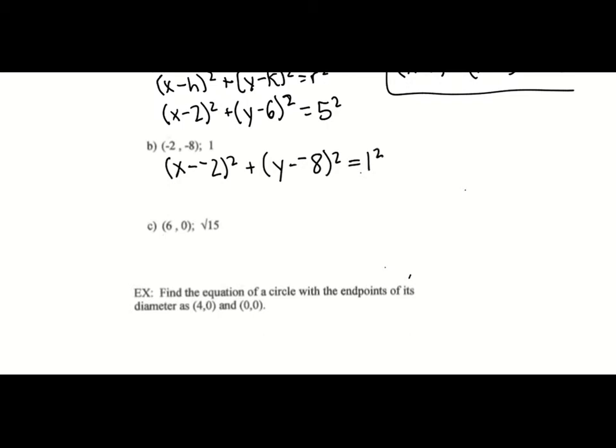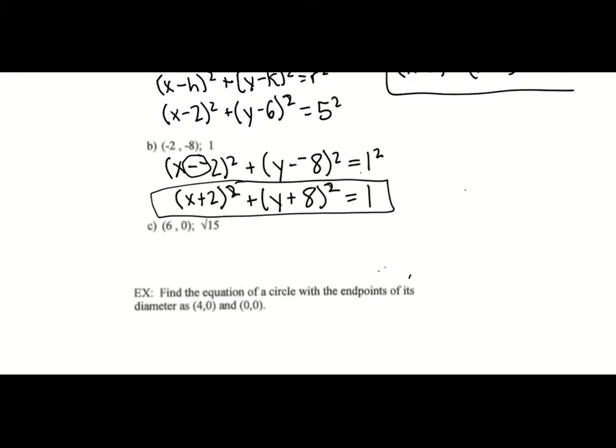So remember, when we have two negatives in the middle like that, it is really a positive. So we have (x + 2)² + (y + 8)² = 1, since 1 squared is just 1. And this is our final equation.